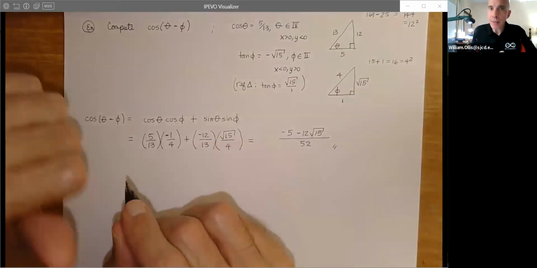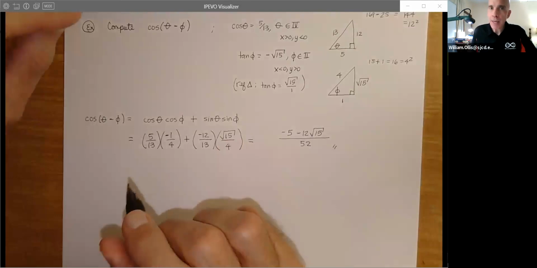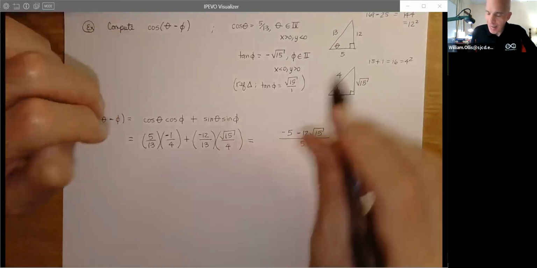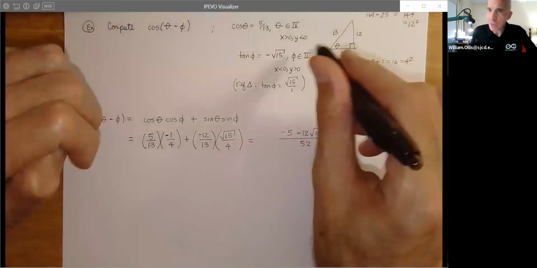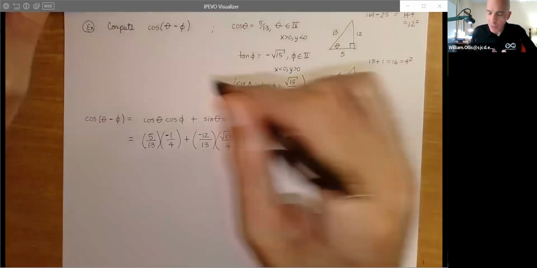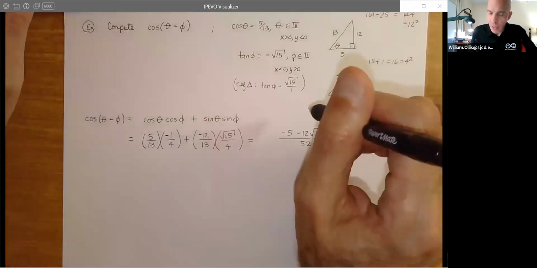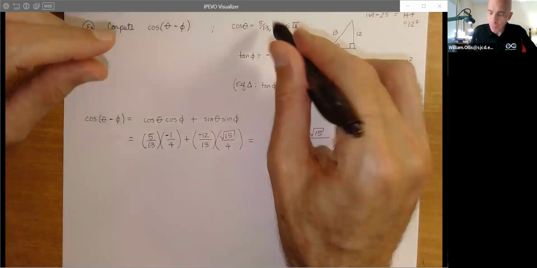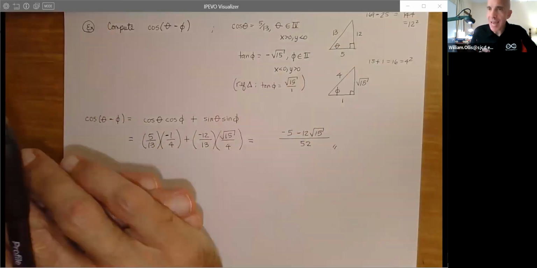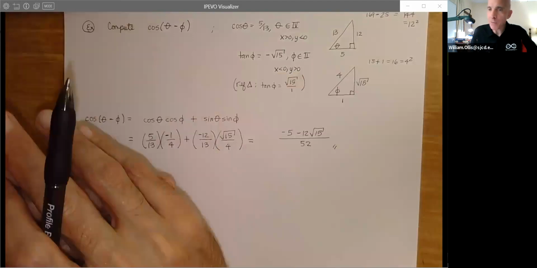So the key here is it really depends what the problem gives you. These are not angles on the unit circle, clearly. But depending on what the problem is asking you to do, if you have this information, you can get an exact answer here. So the data that you have will often come in different packages.